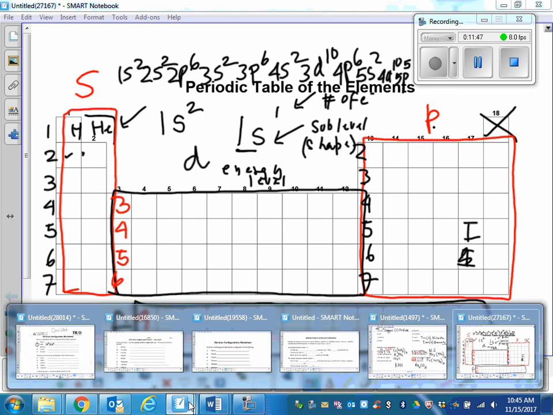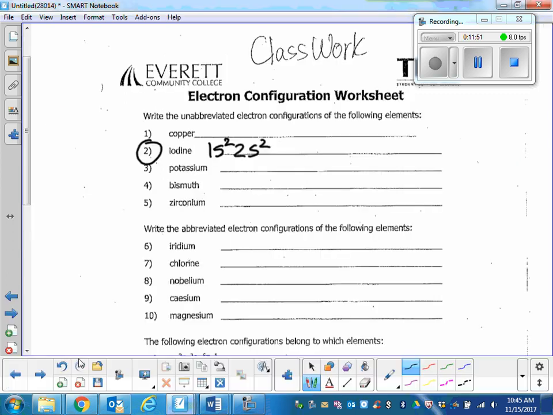Alright? Now, are we good? Did we follow along? Did you understand how I wrote the electron configuration? Alright. Okay, but let's do this for potassium. Did you locate potassium in your periodic table? Yes. Alright. I'm going to write the electron configuration. 1s2. What fills after 1s2? 2s2.